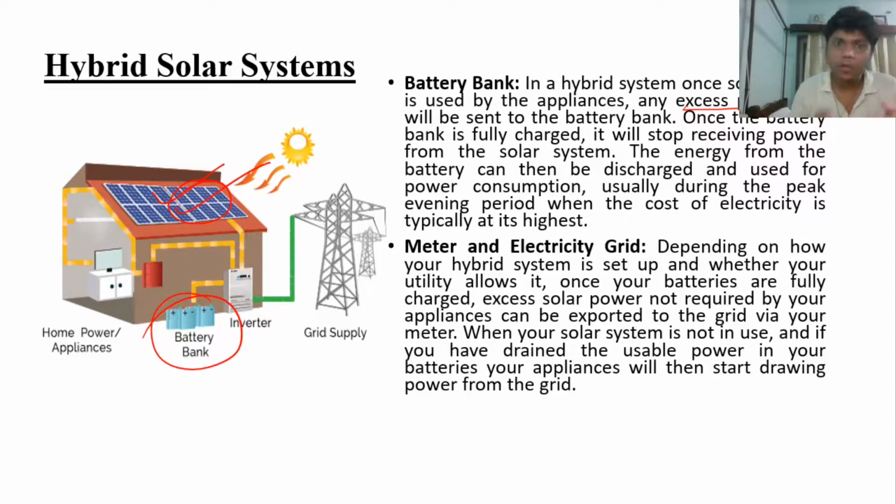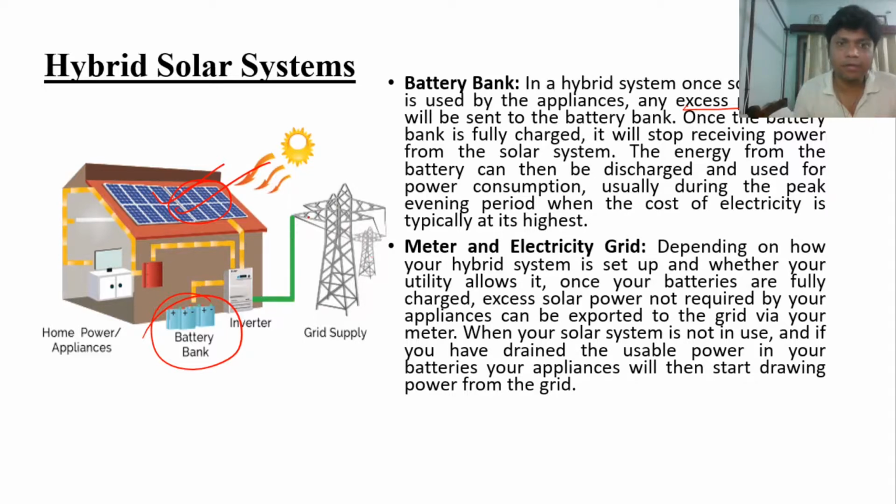The energy from the battery can then be discharged and used for power consumption, usually during the peak evening period when the cost of electricity is typically at its highest. That is all about the use of a battery bank in a hybrid solar system. And what is the use of a meter and the electricity grid?